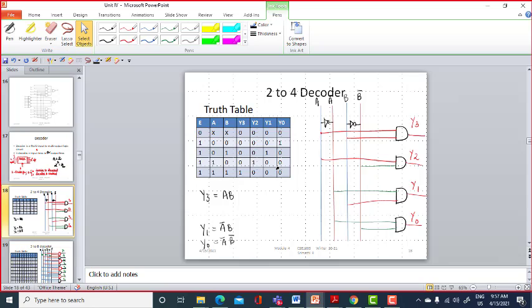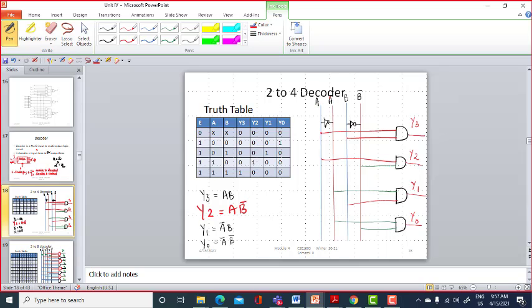If I relate the input and the output combination, Y3 is nothing but AB, Y1 is nothing but A bar B, Y0 is nothing but A bar B bar, whereas Y2 is nothing but A B bar.